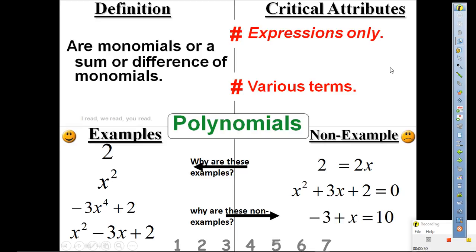For various terms, can I put monomials instead? Since monomials are different terms. Yeah, that's fine. Matthew, how do we put various terms and what are they examples?